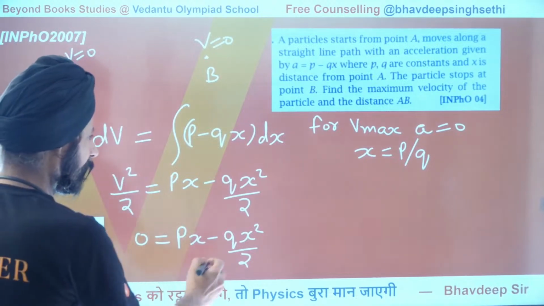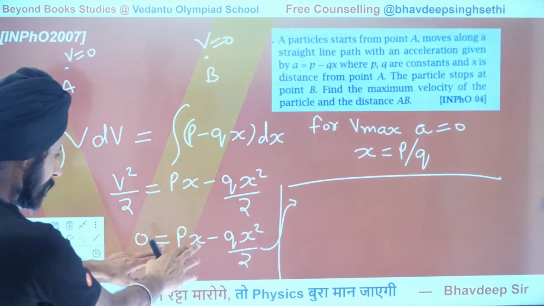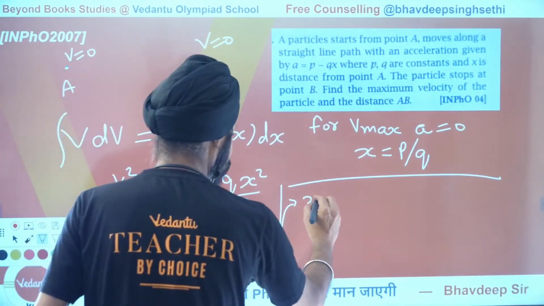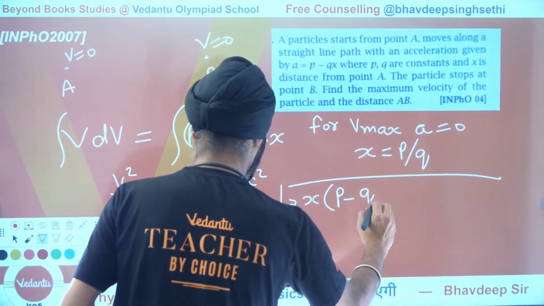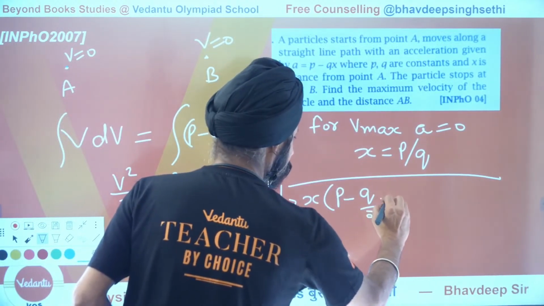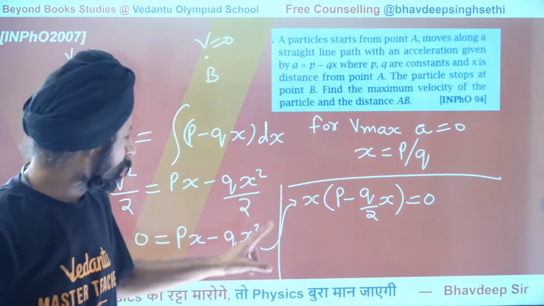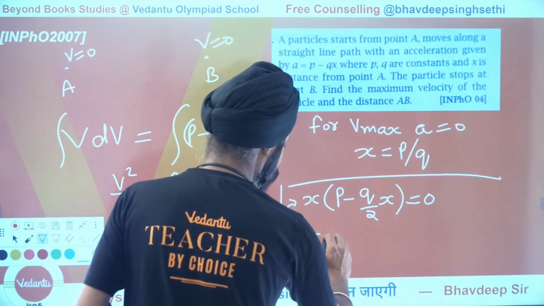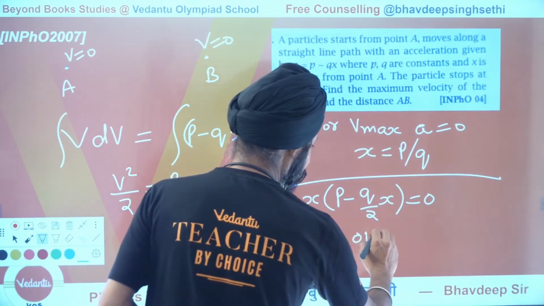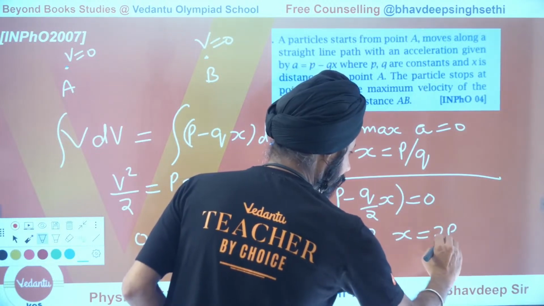If I factor out x here, I get x times p minus q by 2 x is 0. So what are you getting? You're getting either x is equal to 0, or x is equal to 2p by q.